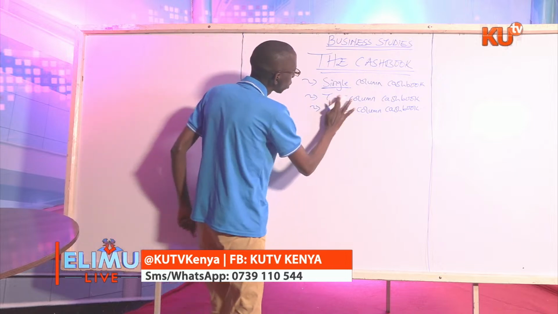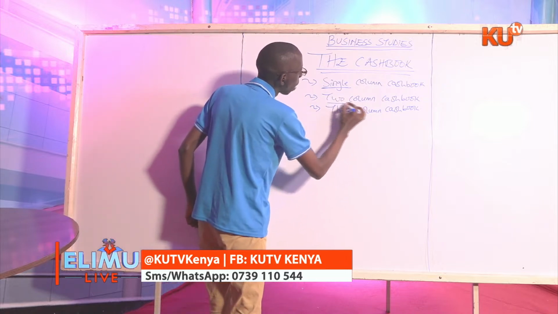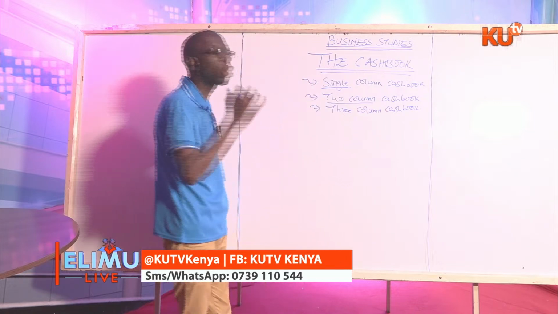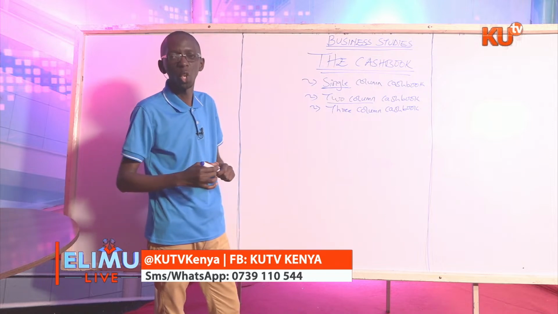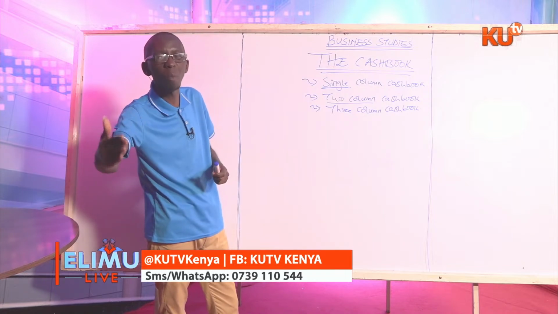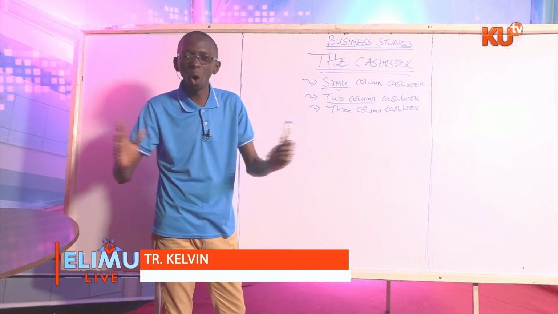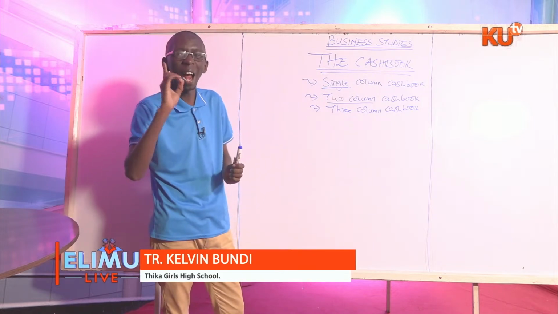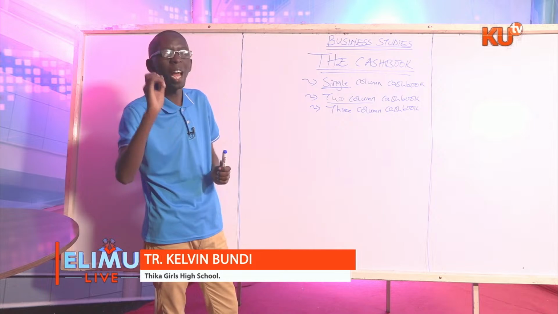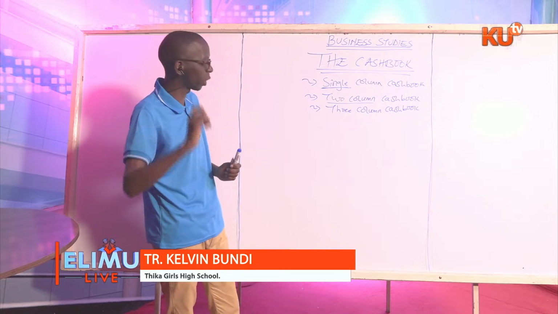The two column cash book is called two column because it has two columns of amounts. Two columns of amount means we take the cash account and the bank account, combine them together and come up with one account we call a two column cash book.